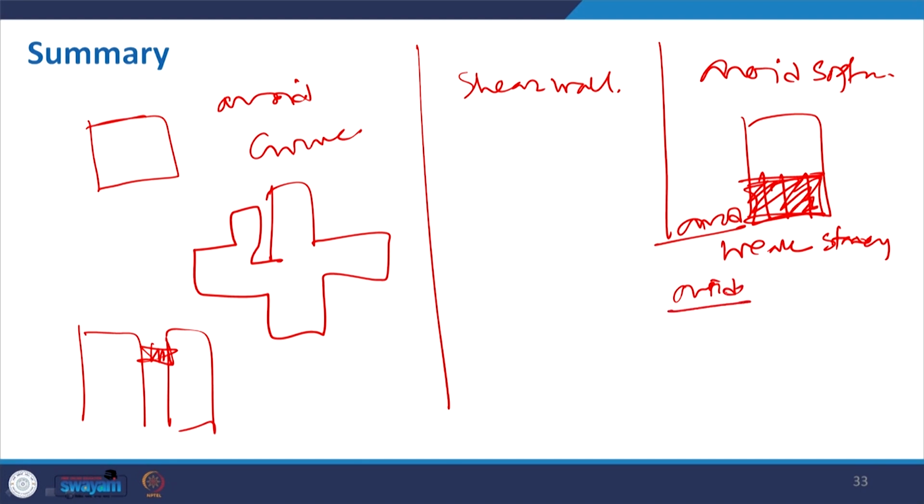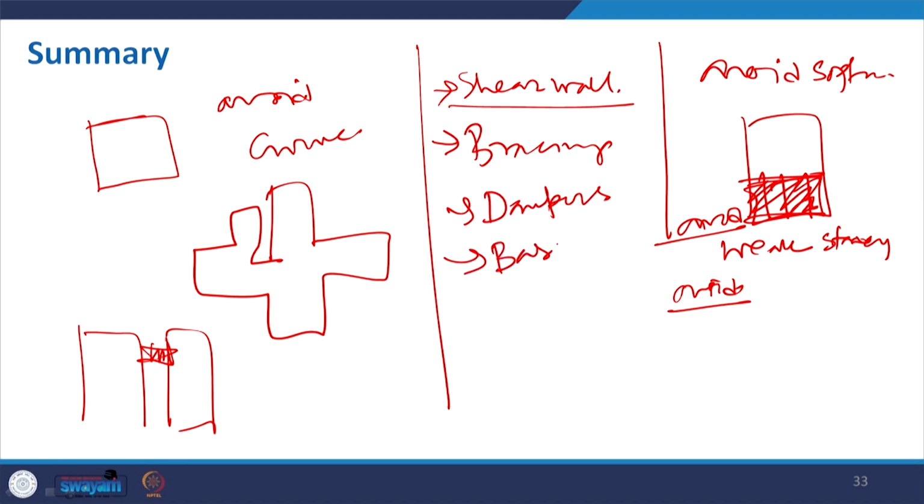the structural deficiencies. So the detailing, whatever reinforcement is required, we should go for that. Now, shear wall is one component, then we can go for bracing, we can use dampers, different kinds of dampers we have seen, then we can go for the base isolator, and also we can go for the earthquake expansion joints.